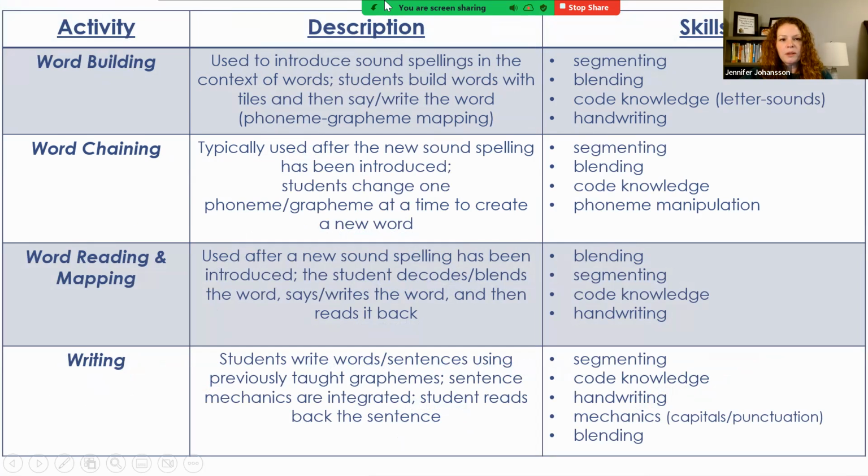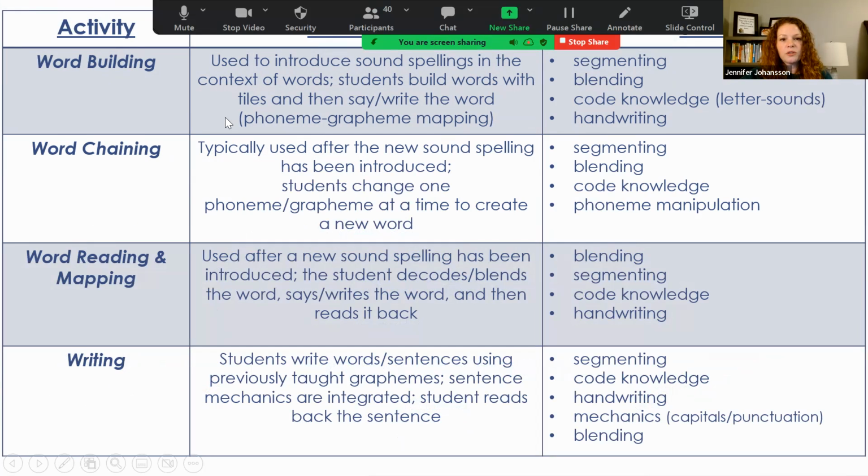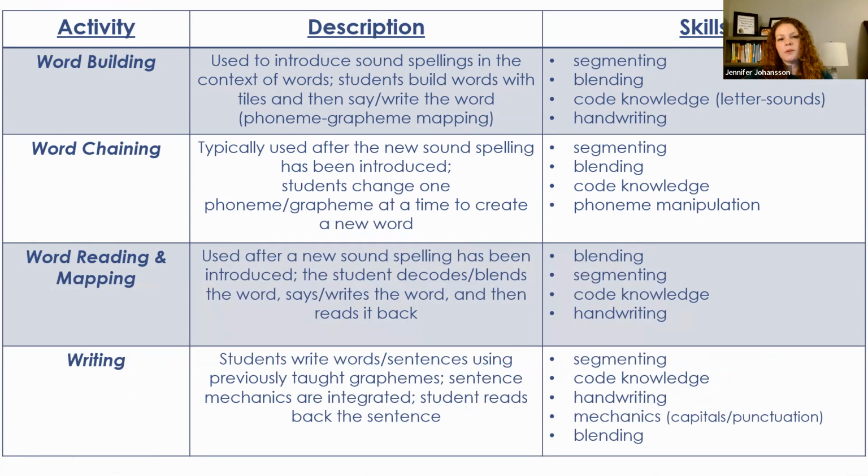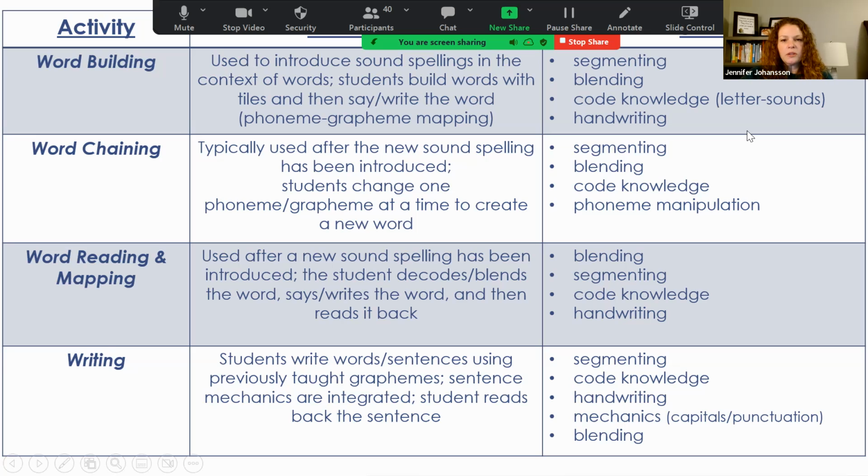So let's take a look at how all of these activities are integrated. We have word building, which is usually used when you're introducing something new. The students are building words with tiles, and then they're mapping the words. They're building it, saying it, and writing the sounds, which is what we mean by phoneme grapheme mapping. Now look at all the skills we're using in this one activity.